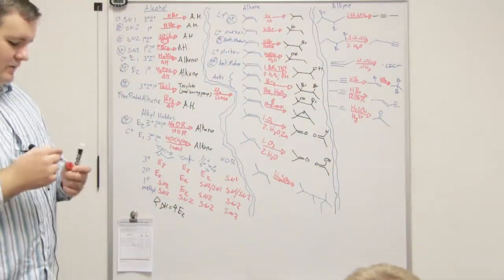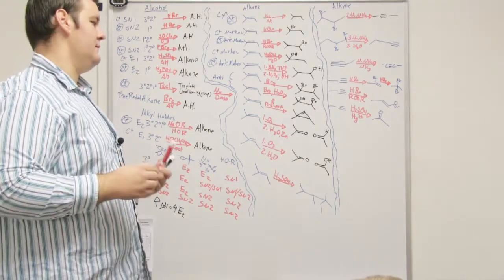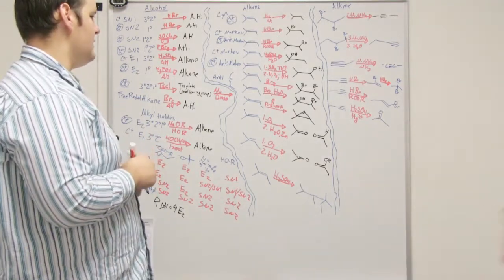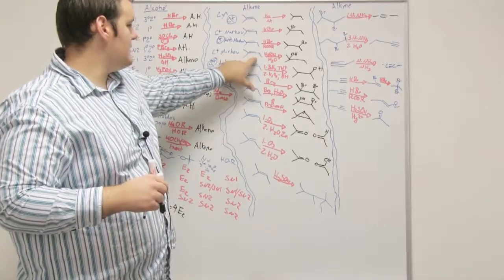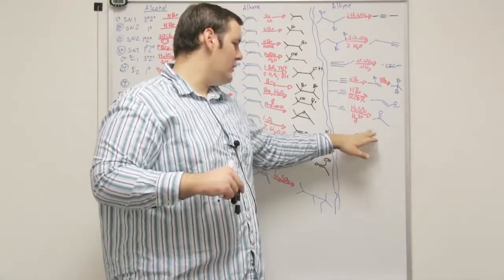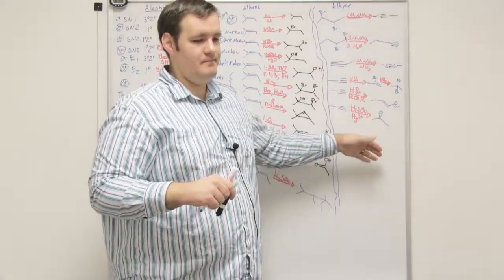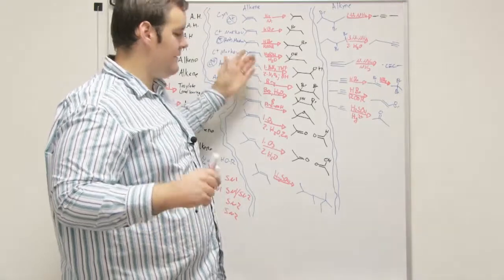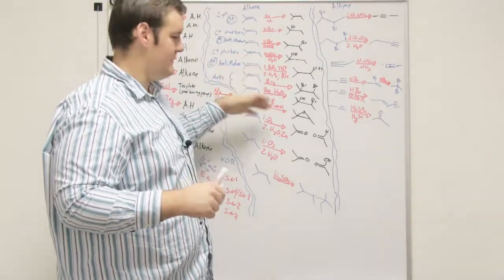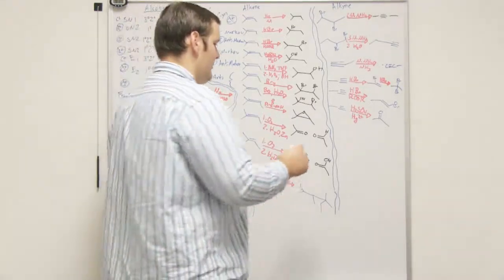It's a weird one. So there's no way to form an alcohol from a triple bond directly. This reaction, H2SO4 with water, doesn't really work, but if you add mercury in there, you get this nice ketone. And then the BH3 THF, the anti-Markovnikov, crazy one, don't even have to worry about it with the triple bond. They don't do it.